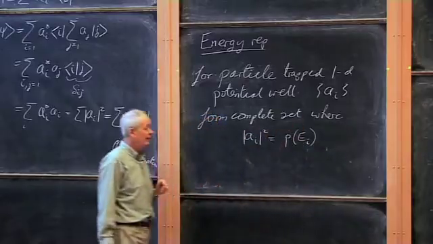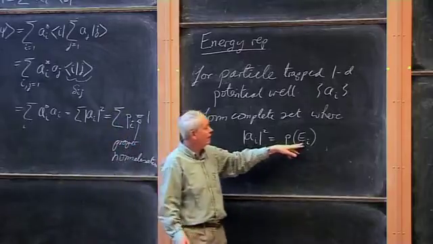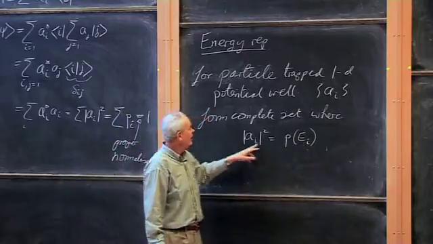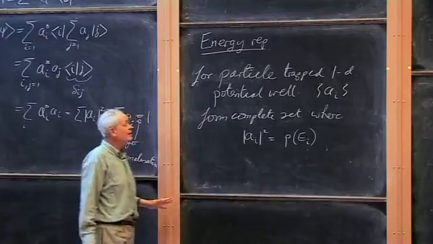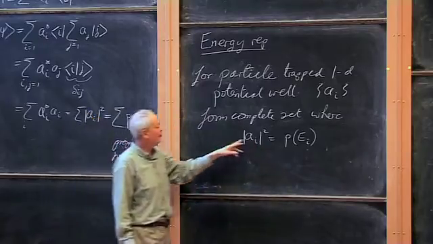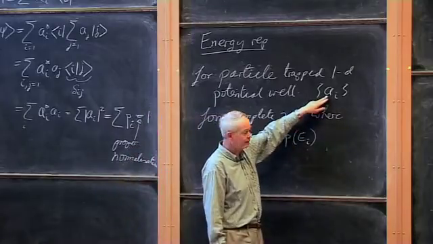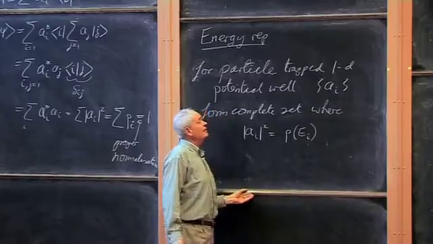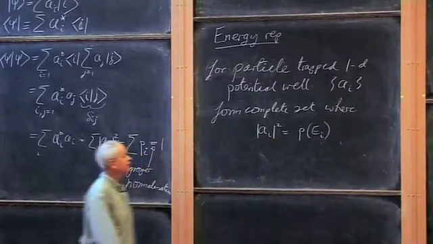They're called E_i. There's a probability that if I measure the energy, I would find the energy to be E_i. That's this mod square. And a complete characterization of the system, complete dynamical information, is provided by knowing not only these probabilities, but actually the amplitudes themselves. So you can think of psi as a vector formed by these amplitudes.